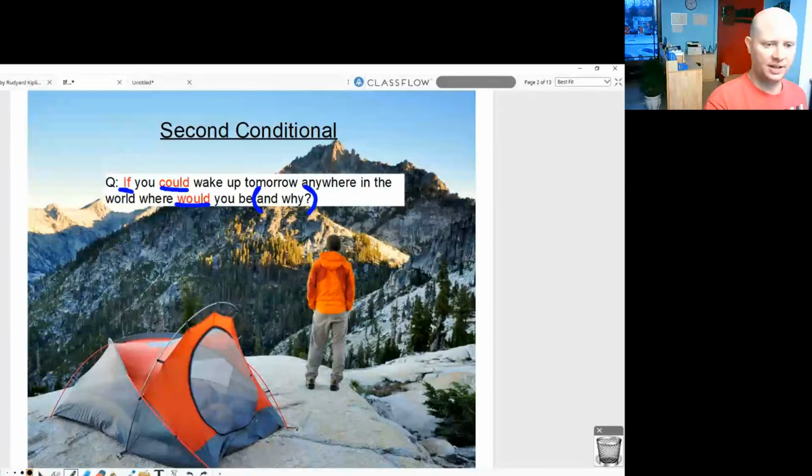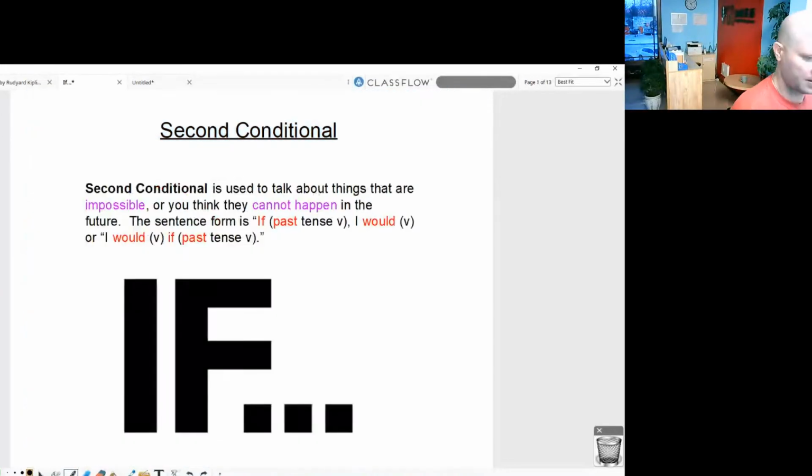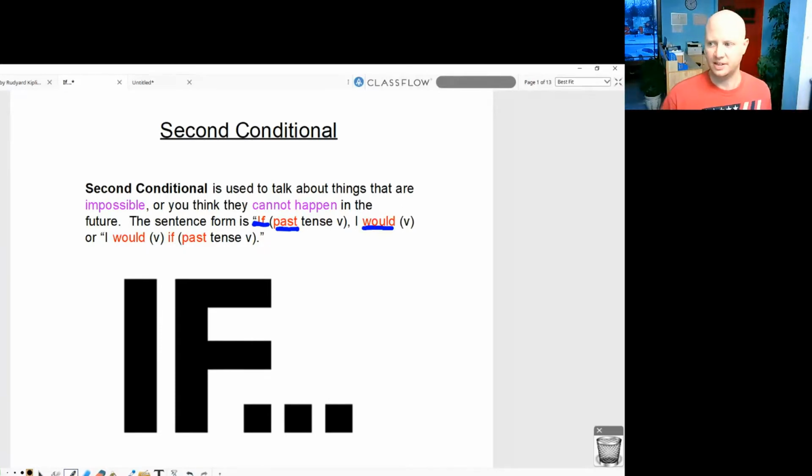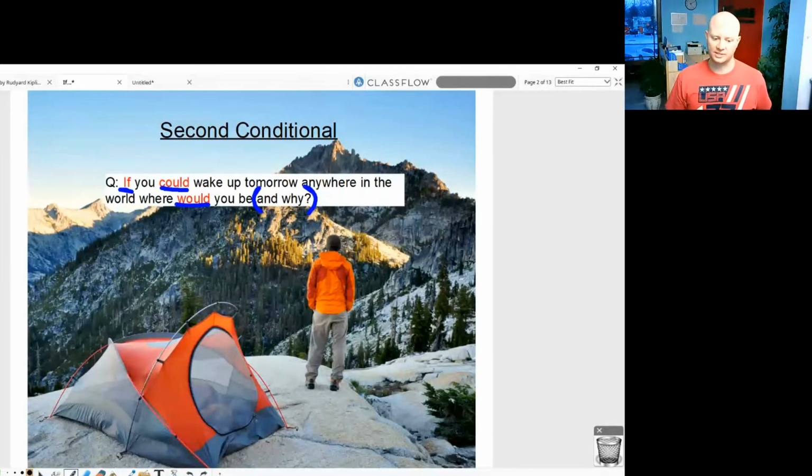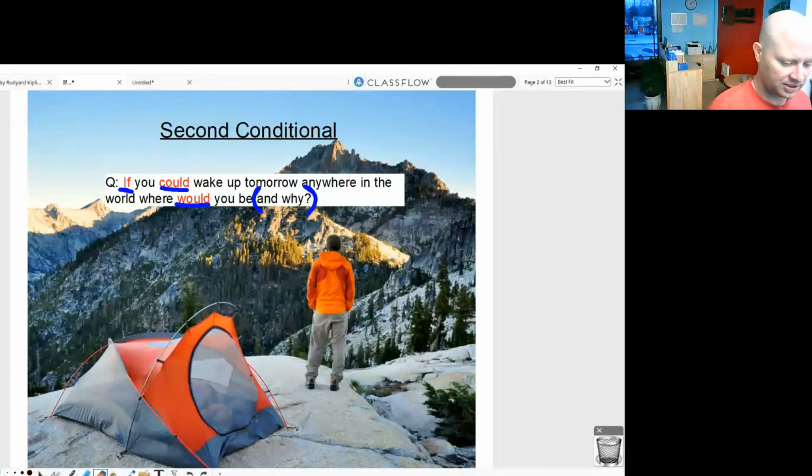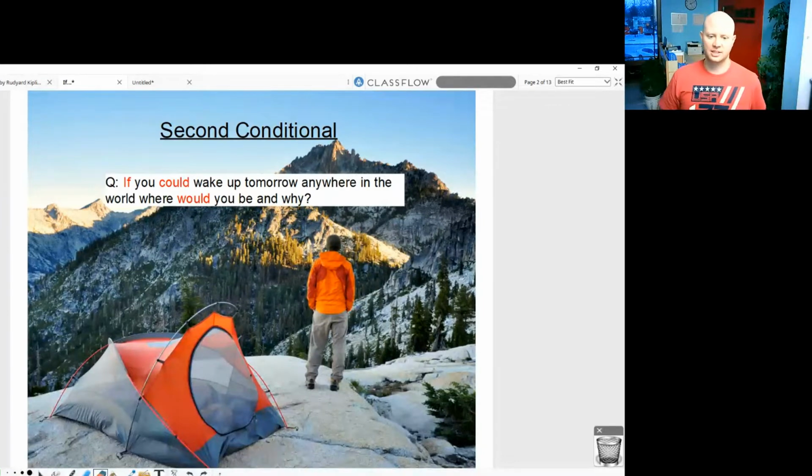If you could wake up tomorrow anywhere in the world, where would you be? Okay, so you can see that this does fit, and you can use it to ask the question or to answer. And so how would we use the second conditional to answer this?